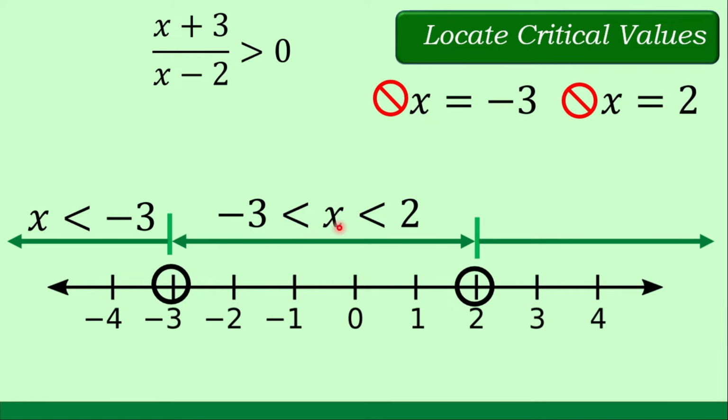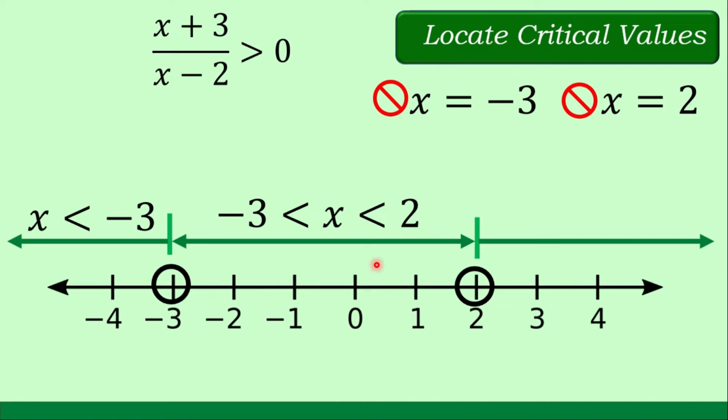I'll start from x to the left. So x greater than -3, which means that the values here are greater than -3. At the same time, it is less than +2. This is your +2, and these values are less than +2. That's why you have this format.